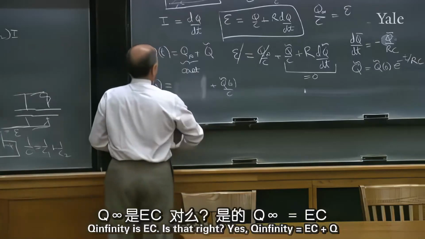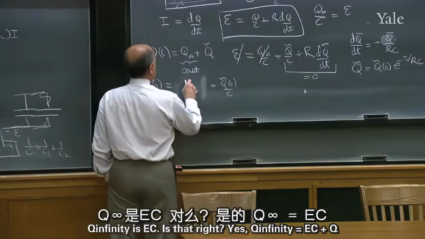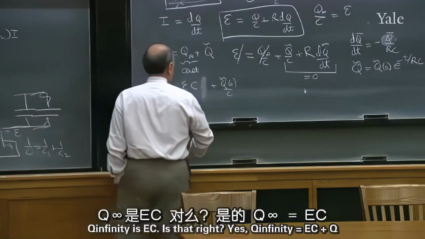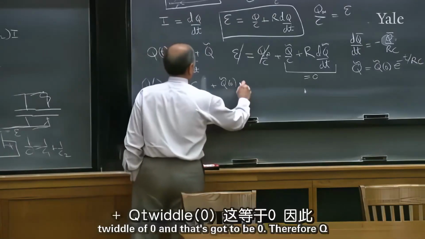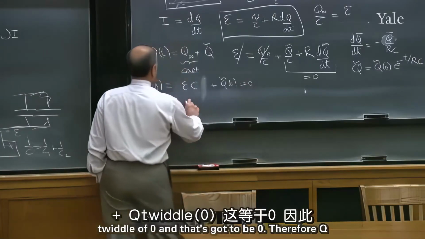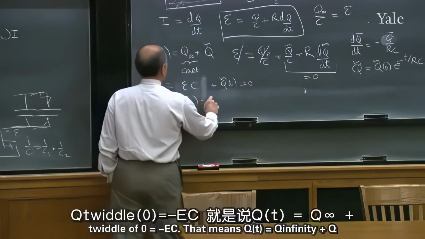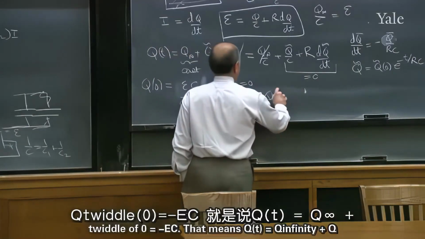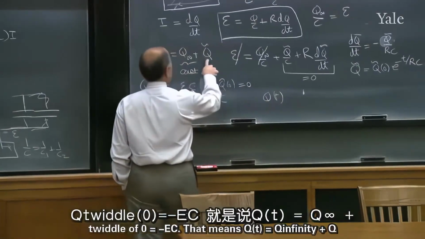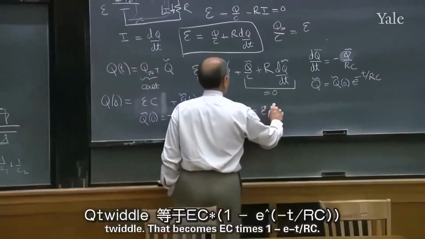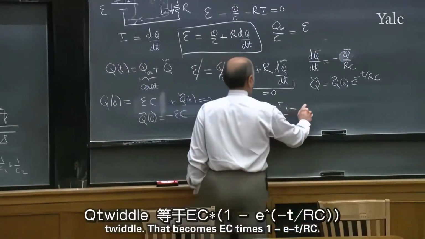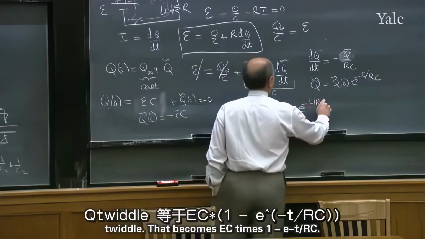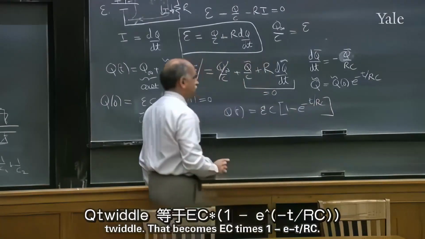Yes, Q infinity is equal to EC plus Q twiddle of 0, and that's got to be 0. Therefore, Q twiddle of 0 is equal to minus EC. That means Q of t is equal to Q infinity plus Q twiddle. That becomes EC times 1 minus e to the minus t over RC.